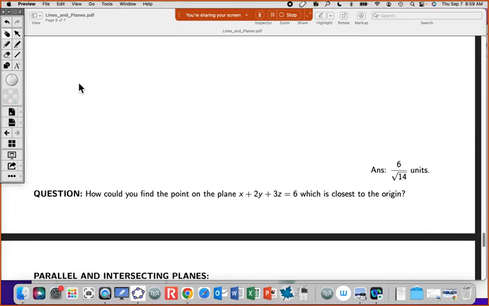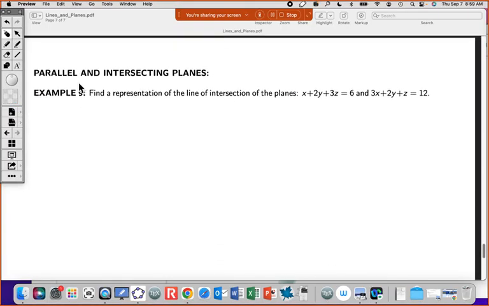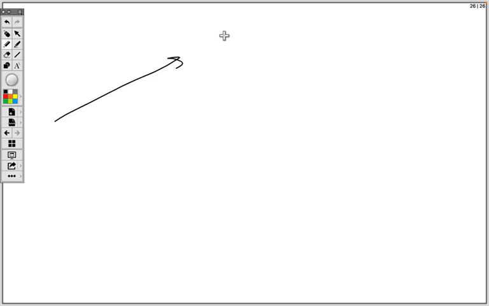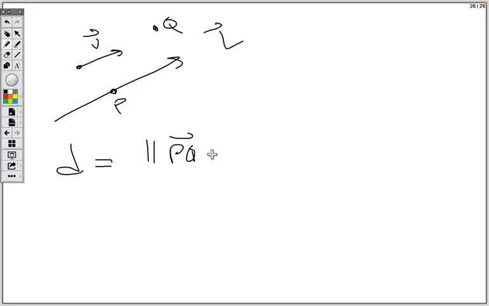Now, something that's worth noting is when you had a line with a parallel vector v, and you had a point that wasn't on the line and a point that was on the line, the distance here was the magnitude of PQ cross V over the length of V. This is what we just reviewed at the beginning of class here, thanks to Abby's question.